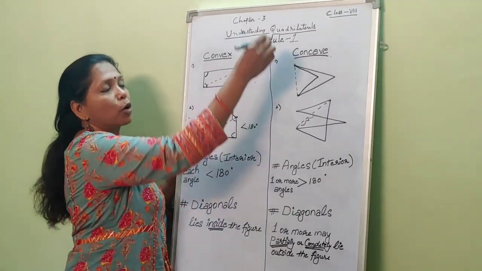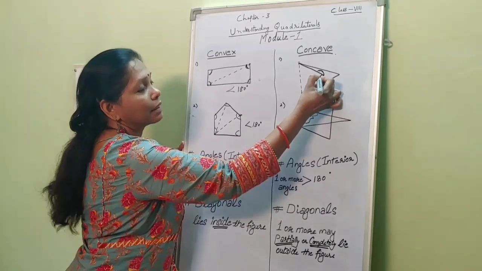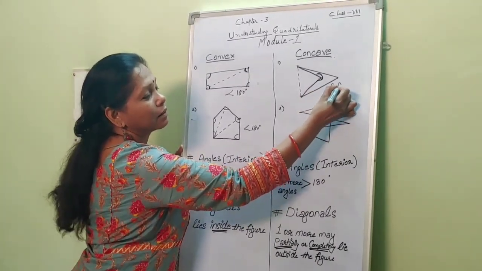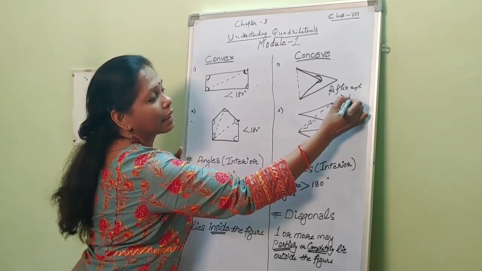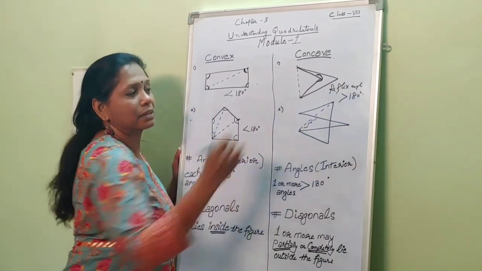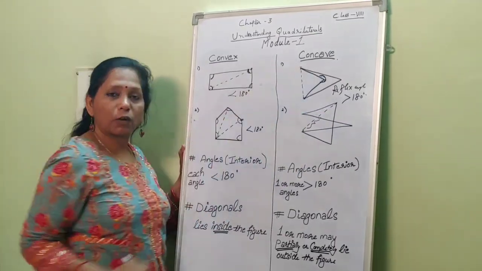Whereas in a concave polygon, you can see one or more angles like this, a reflex angle, that is greater than 180 degrees. So this is one of the major points of difference between convex and concave.